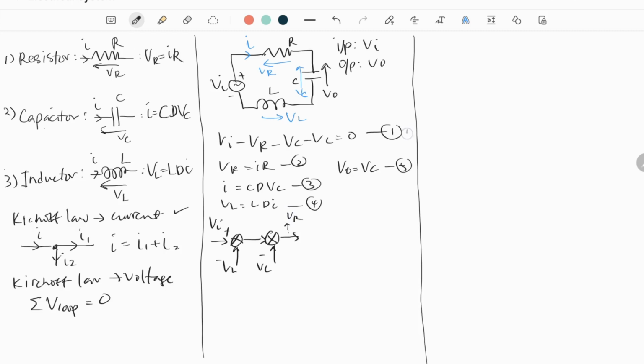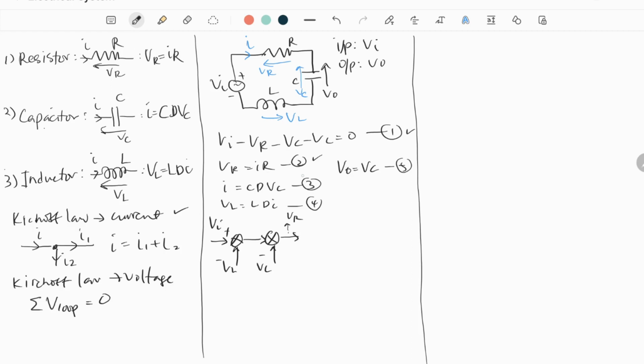From VR, we want to derive I. If I am able to derive I here, I can use I for the following equations. So how do we get I from VR?